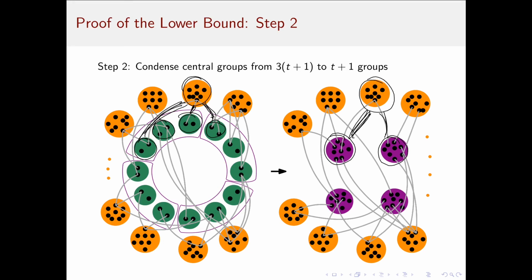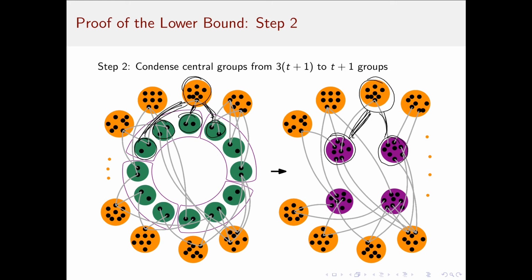Okay, so that's how the reduction works. It's more or less easy to see that the new instance encodes the same edge constraints as the old instance. We've just condensed the central vertex groups. So before we had 3 times t plus 1 central vertex groups, and now we have only t plus 1.